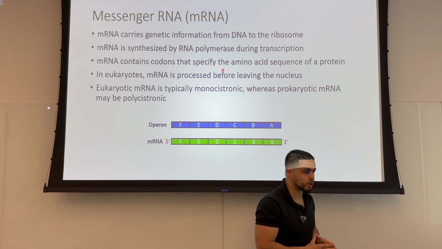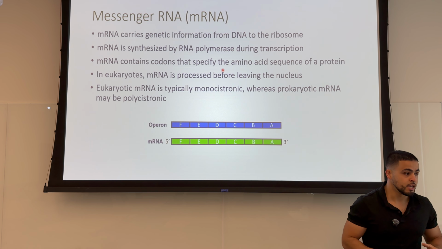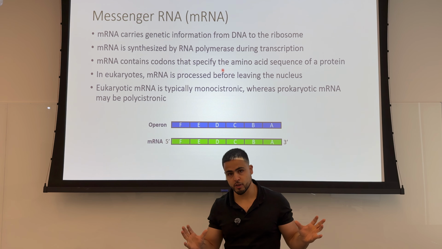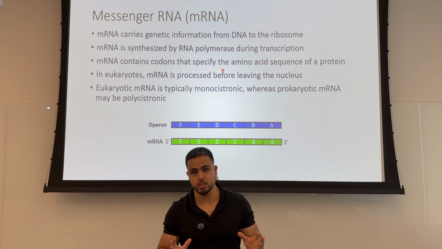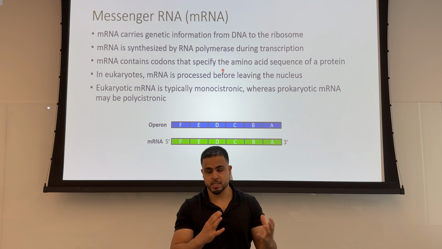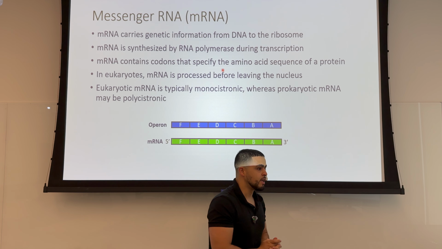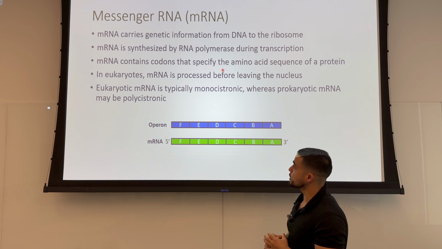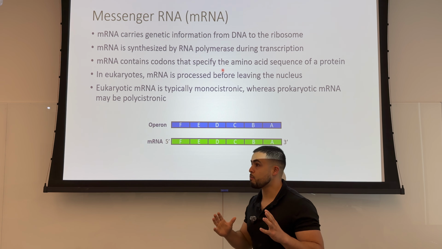More on the codons in subsequent slides. In eukaryotes, mRNA is processed before leaving the nucleus. We'll talk more about this process, where you have mRNA after transcription, but it's not ready to be translated. And in eukaryotic cells, mRNA is typically monocistronic, whereas in prokaryotes, it's polycistronic.